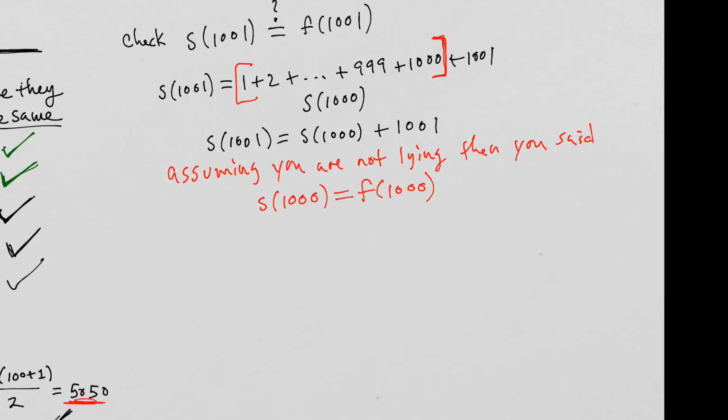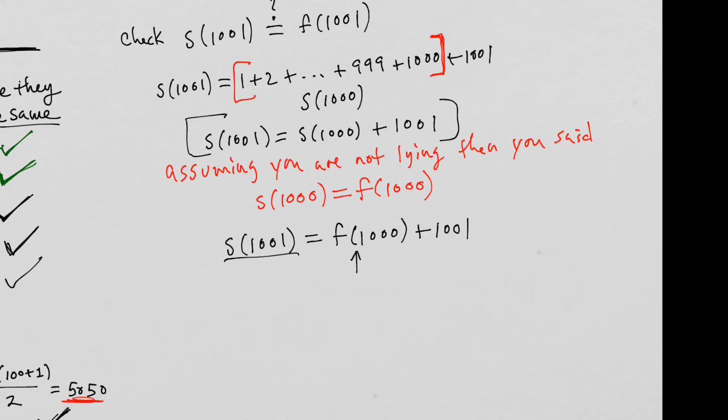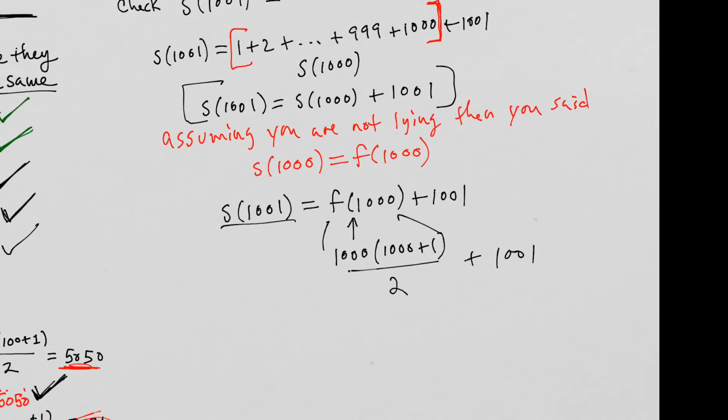So that means I can take this whole expression and say, well, I know, assuming you're not lying to me, S of 1,001 has to be equal to F of 1,000 plus 1,001, and this thing's not so bad to calculate because that's just 1,000 times 1,000 plus 1 divided by 2, and then that's substituting there, right? And then bring the 1,001 down.